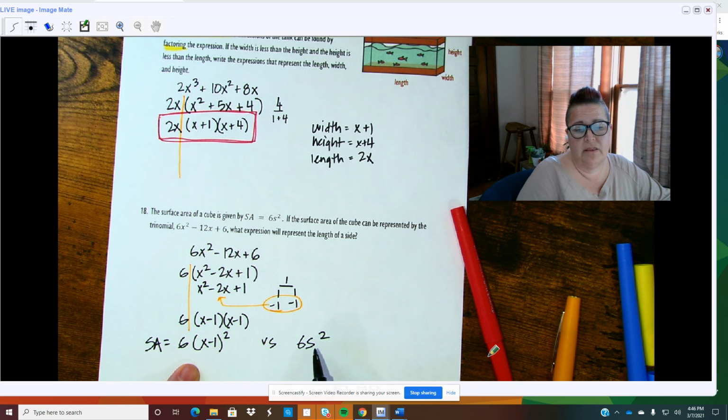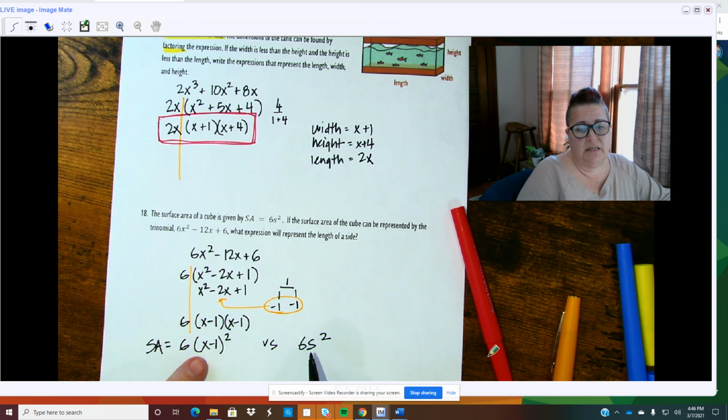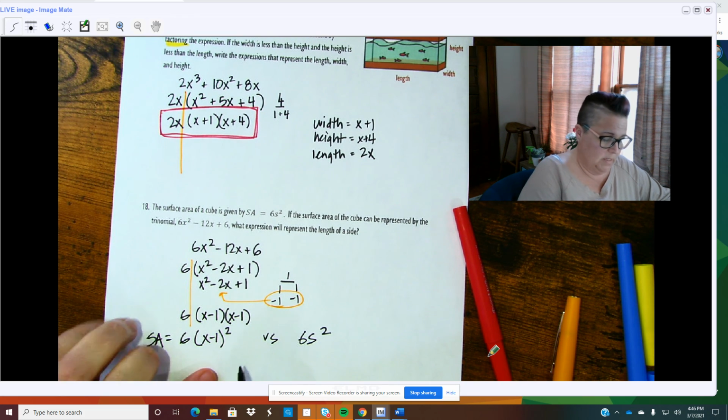Oh, do you see how the x minus 1 is in the same spot as the s? So 6, those are the same. But then instead of s squared, it's got x minus 1 squared. So that could mean that my s is equal to x minus 1, right?